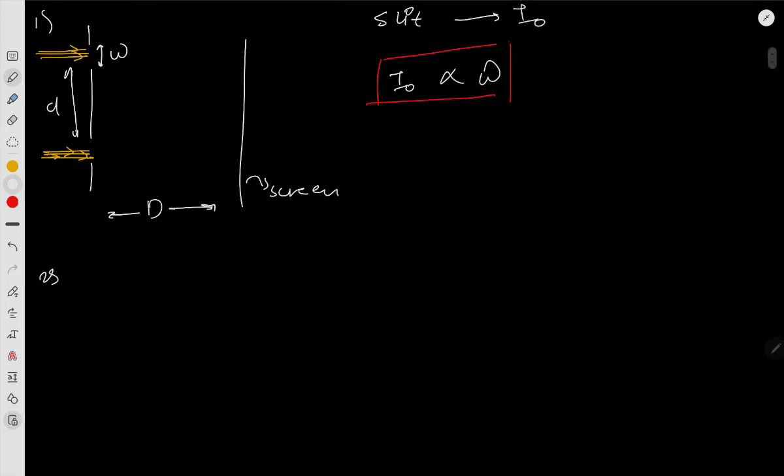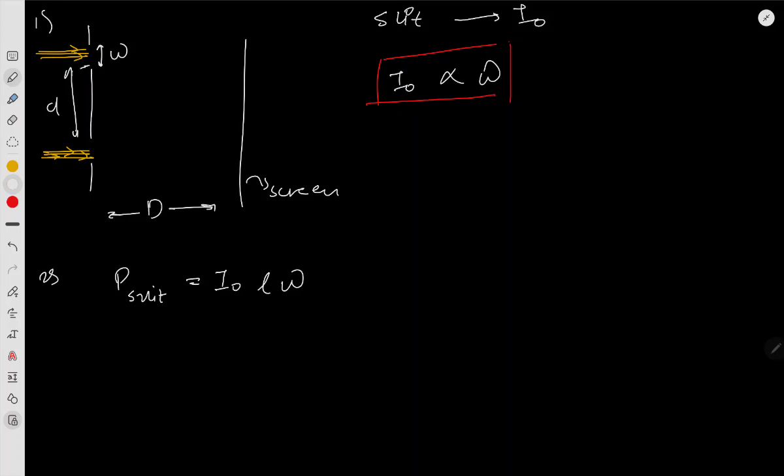Now the second thing is the power of a particular slit is given as I naught L W. We know that W is the slit width, and what is L? L is this.